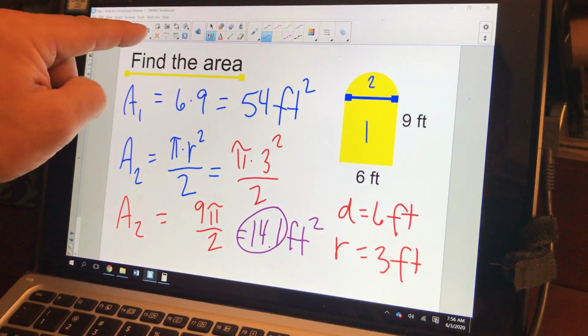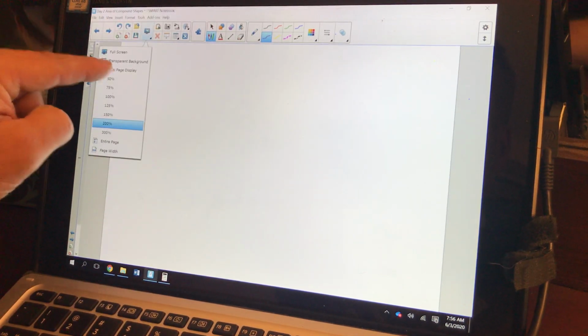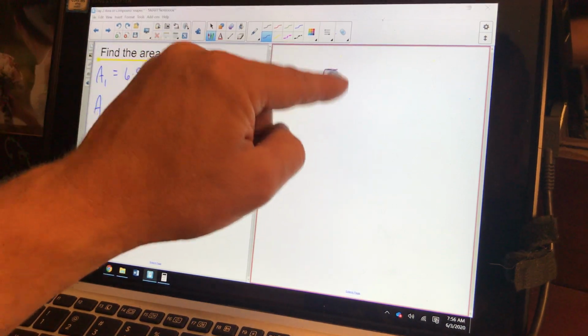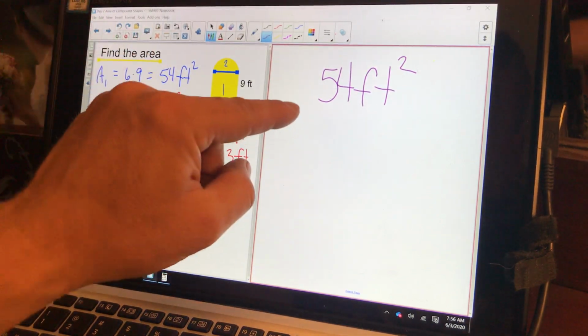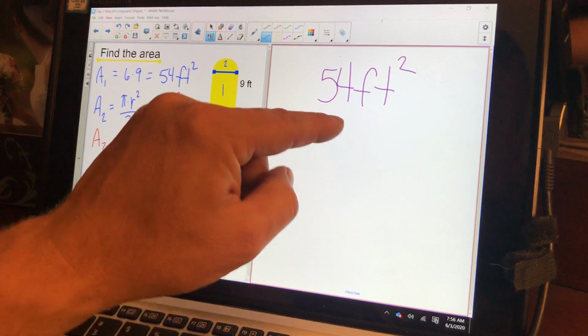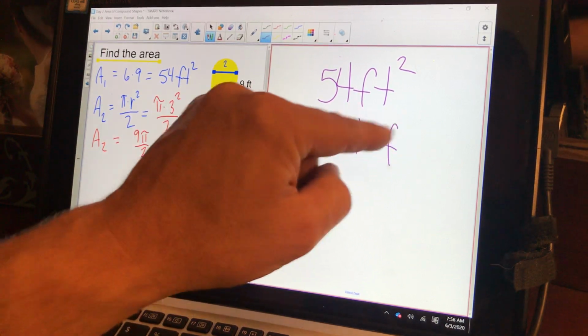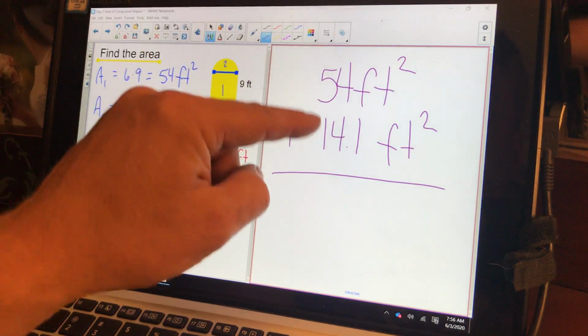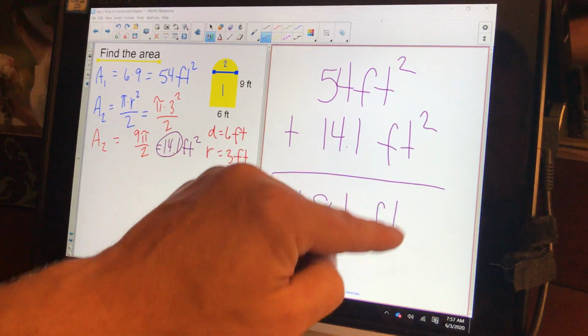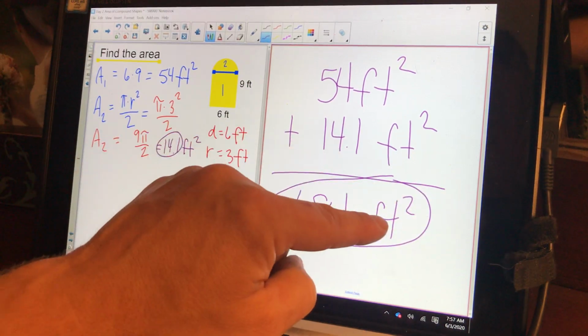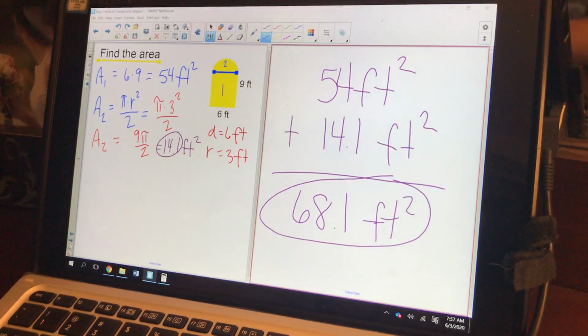And I need to add that to my 54 feet squared, which is the rectangle on the bottom, plus half of the circle, 14.1 feet squared. That gives me 68.1 feet squared. Now, if I did that too fast for you, pause the video, write some stuff down, even scroll back a couple of seconds if you need to. That is finding the area of compound shapes.